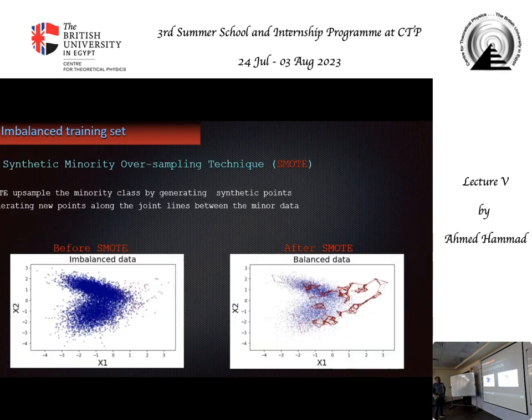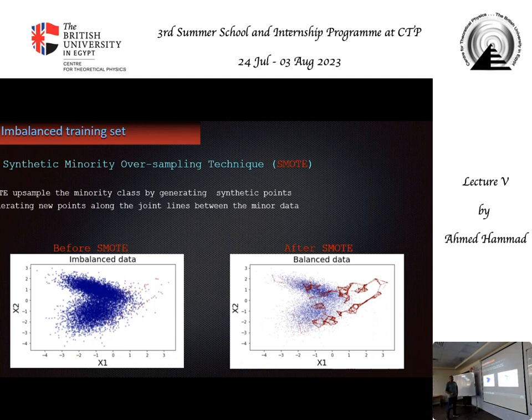The best solution, which is very common to handle and deal with the imbalanced data set problem, is called SMOTE. And SMOTE is the Synthetic Minority Oversampling Technique. So this is how we abbreviate it.